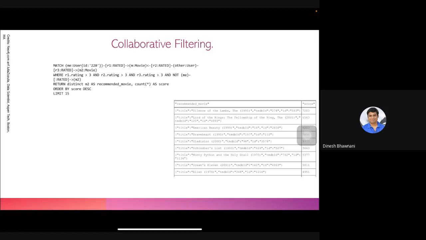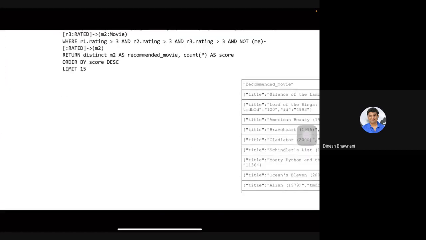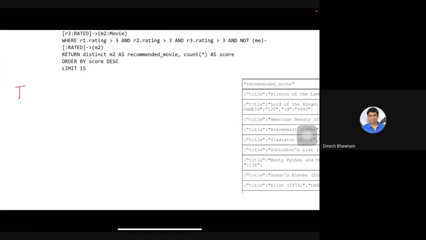Okay, let me just make a note of it. So you select your traversal starting user, then ask who else also liked this fellow's likings. This fellow has rated something.